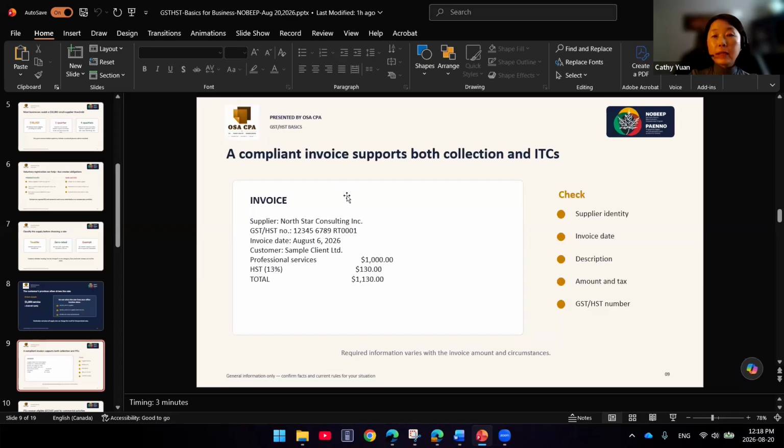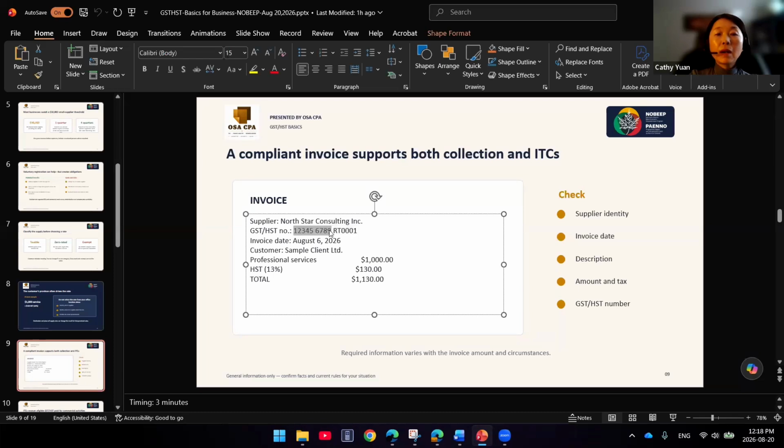On the invoice format, you can see the supplier's name and a GST/HST account, which is the 9-digit business number followed by RT. RT means GST/HST account. Only if you see this number do you know this supplier has a GST/HST account.